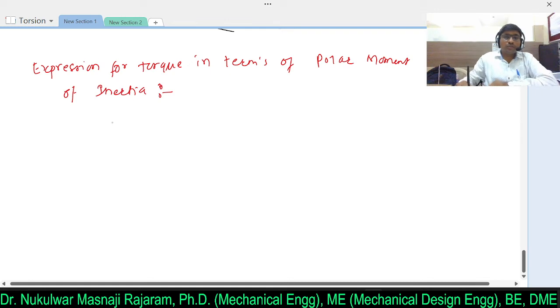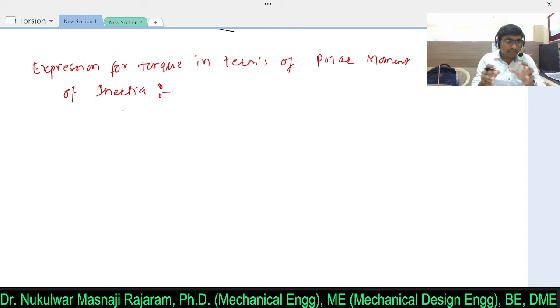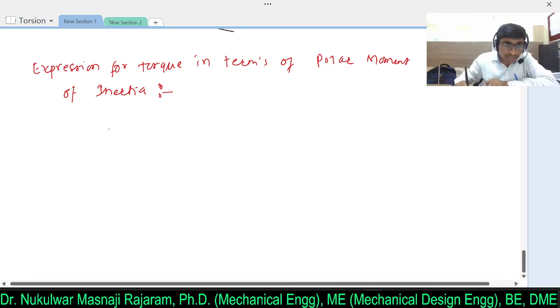Clear? So in engineering mechanics you might have learned the polar moment of inertia. Polar moment of inertia of a plane area is defined as the moment of inertia of the area about an axis perpendicular to that plane. Clear? Now I will explain in a simple way.